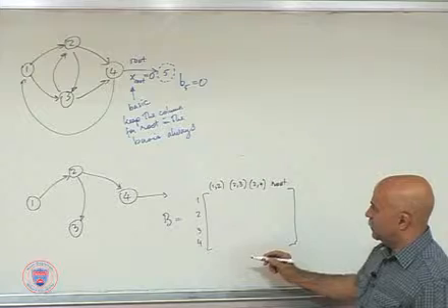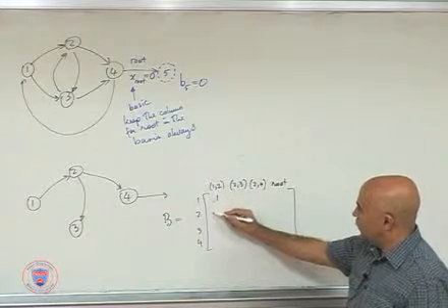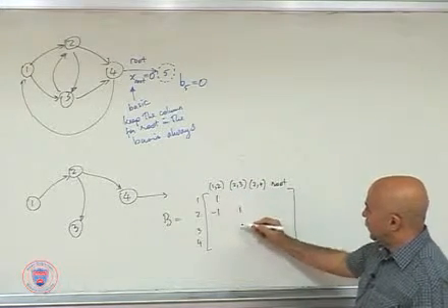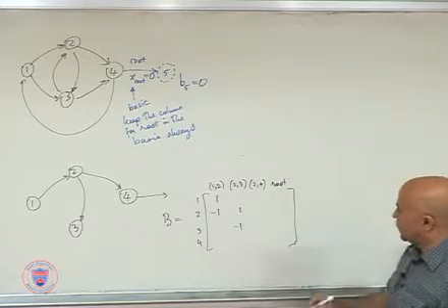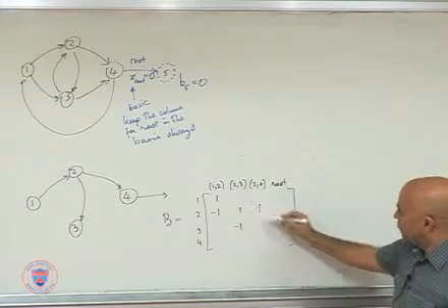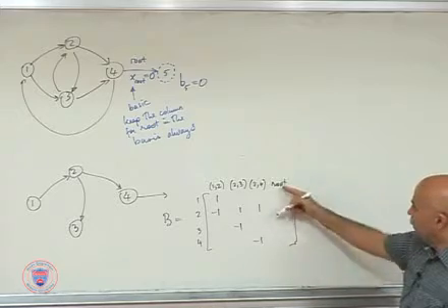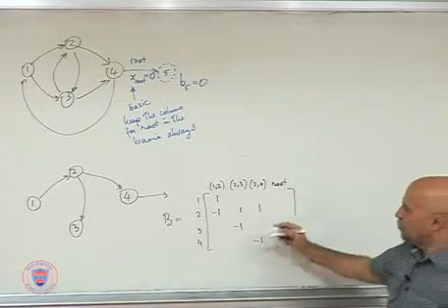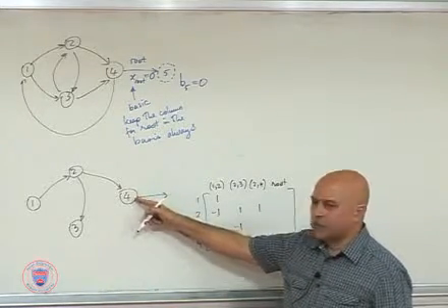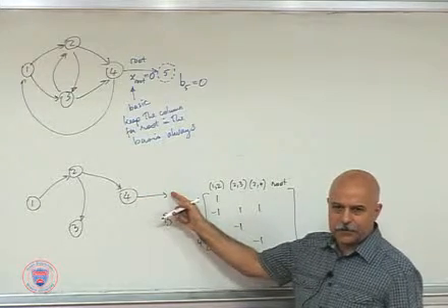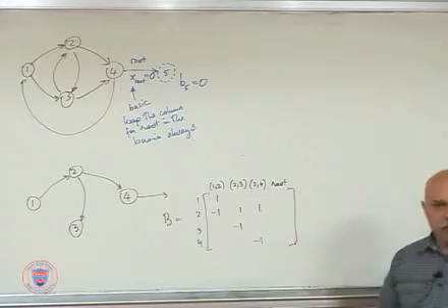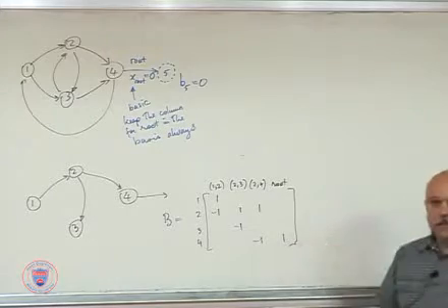And this has 1, minus 1. This one has 1, minus 1 positioned like this. This one has 1, minus 1 like that. The root arc has 1 for position 4, minus 1 for position 5. Position 5 is dropped out, so it only has 1.